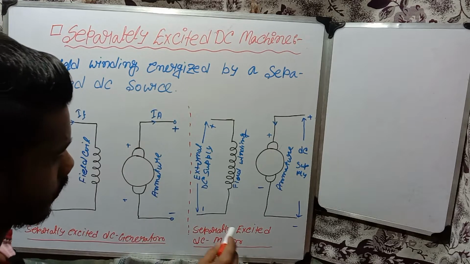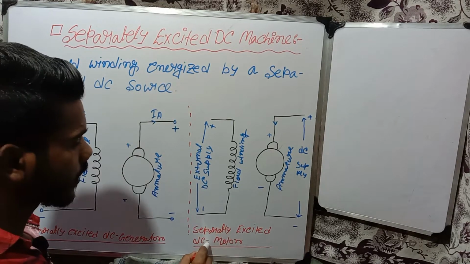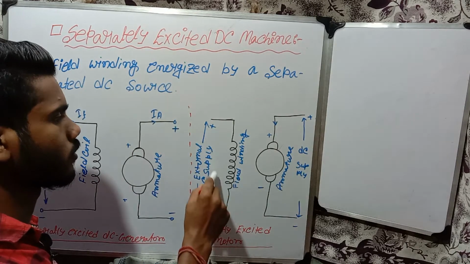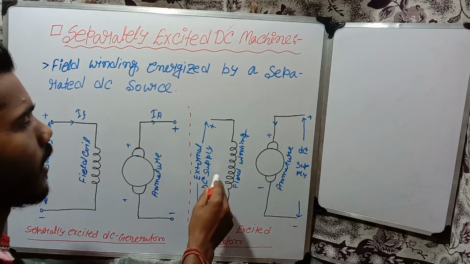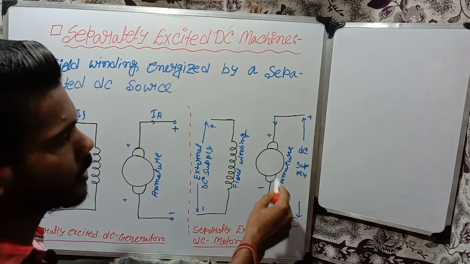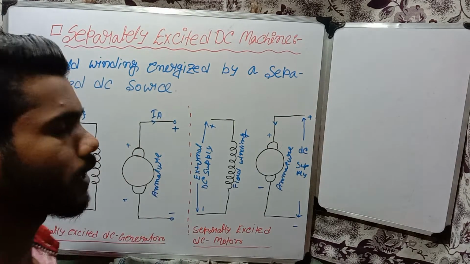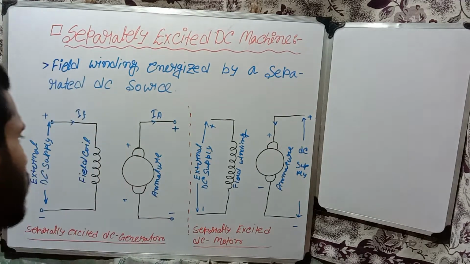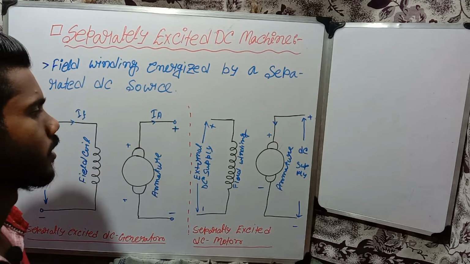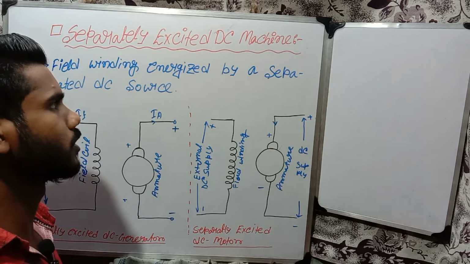From the separately excited DC motor diagram we can see the field winding is also energized by a separate DC source and the armature is also supplied by a separate DC source. So that's why we call this machine a separately excited DC machine.